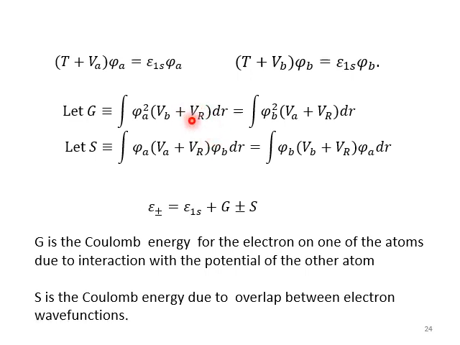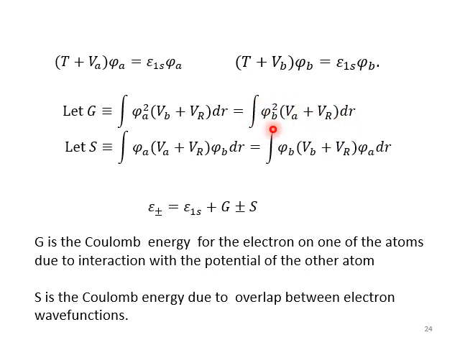That doesn't even integrate in dr, because r doesn't appear there. It's just a constant that pulls out front. And by the way, the integral for that part is just VR. Same thing here. By the way, that's because phi A squared integrated over all radii is 1.